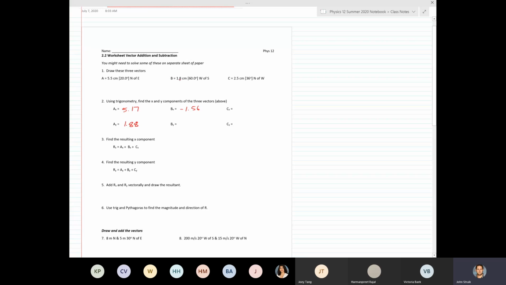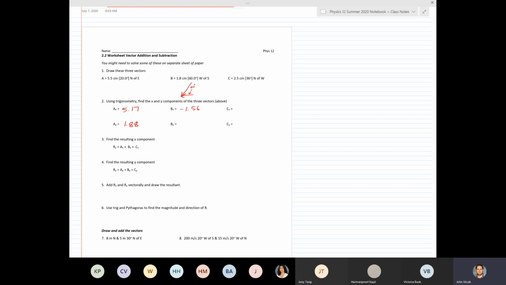So for B, because it's west of south, that would be that way, 60 degrees, like that. The x component is that one right there, and so it's actually sine in this case. I know that in all the examples I did yesterday, x was always cos. It depends on how you draw it, so it's not always cosine.